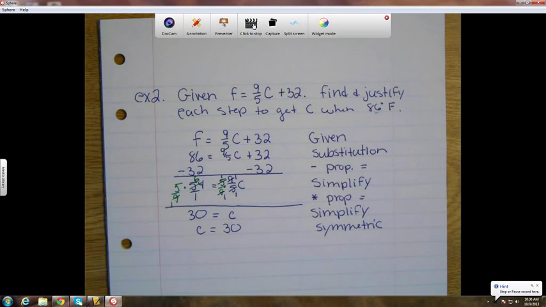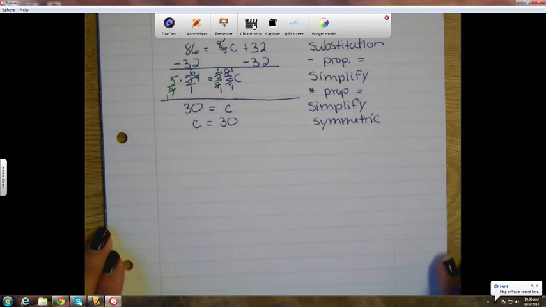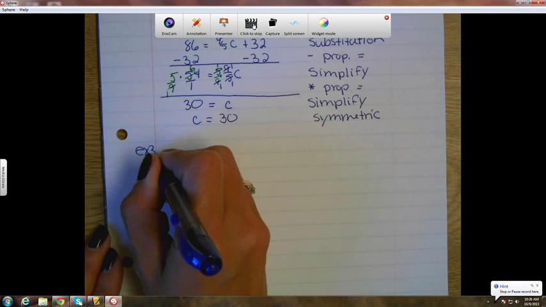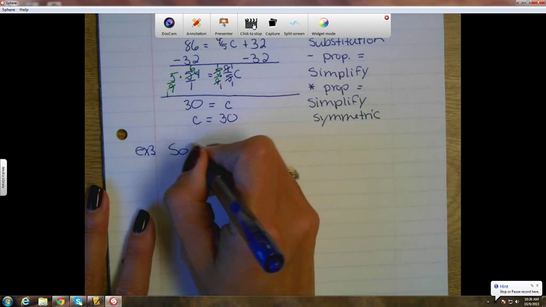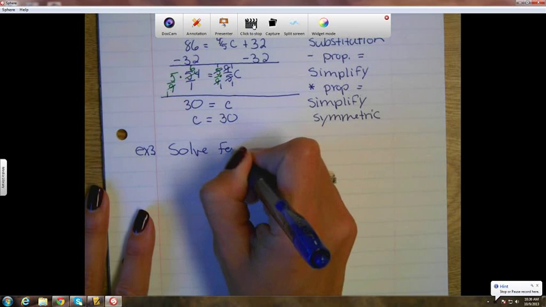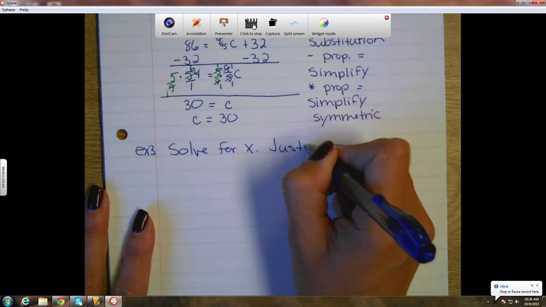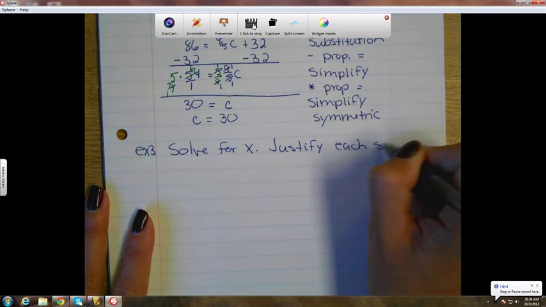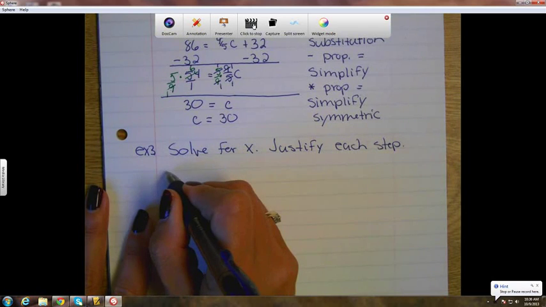Okay, let's throw a little geometry into the mix here. Let's do that. So example 3. This is a problem, so we're going to solve for x and justify each step. So here's our picture.